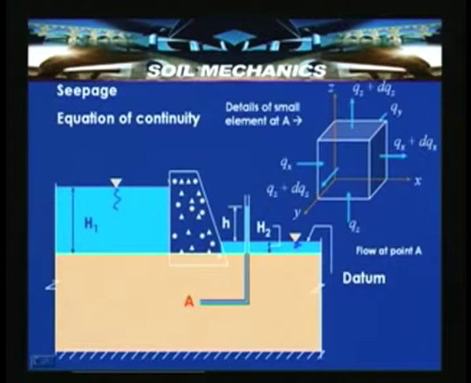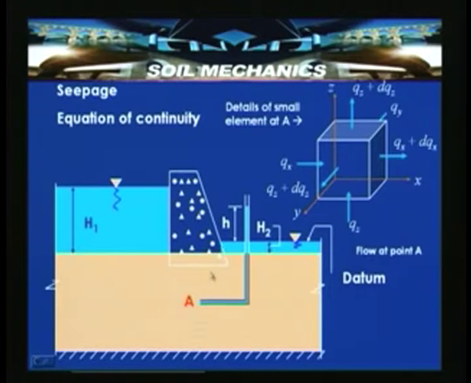Now, let us look into this equation of continuity. Let us assume that you have a dam retained by a masonry pier, constructed with, say, a concrete weir, with a head of water H1 on the upstream side and H2 on the downstream side, embedded in a sandy or saturated soil.